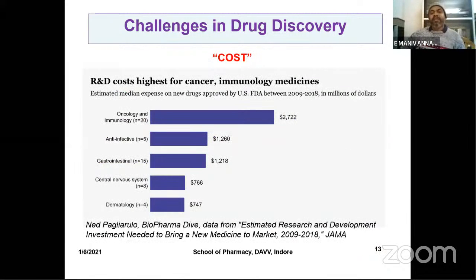The cost varies for specific treatments: oncology drugs, immunological drugs, anti-infective drugs, gastrointestinal tract acting drugs, central nervous system acting drugs, and dermatological drugs. Among these, the oncology and immunology-based drugs take a lot of cost, approximately 2,722 million US dollars.